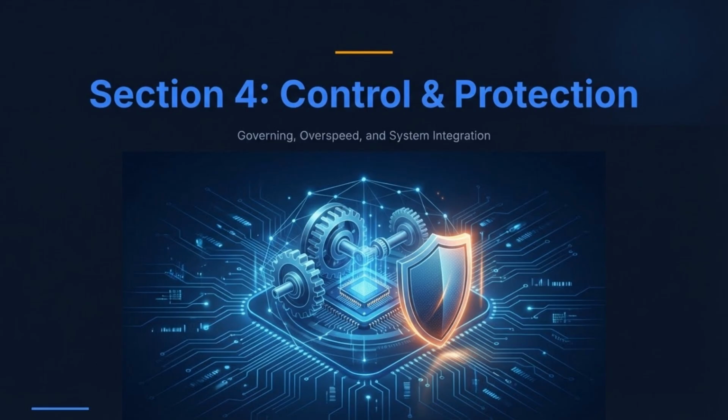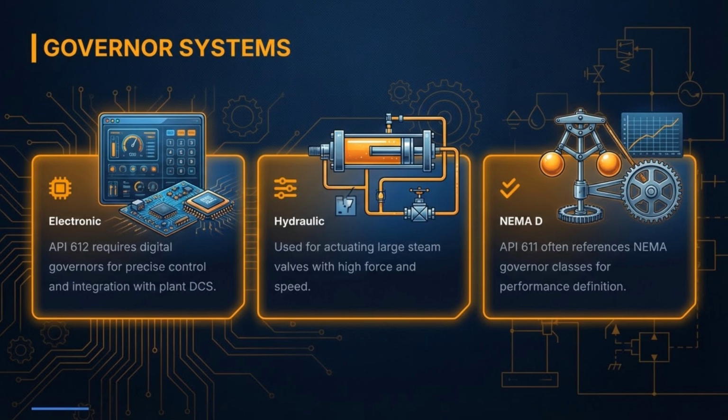Finally, we look at how these machines are governed and protected. Now let us look at the digital governor and the other types of governors which are present. API 612 requires digital governors for precise control and seamless integration with the plant DCS. For API 611, you will often see references to NEMA governor classes to define performance.